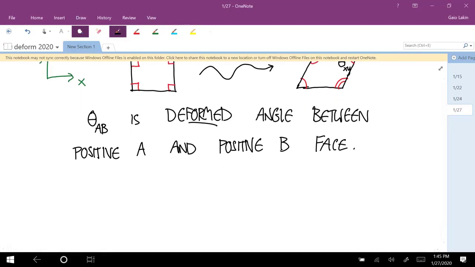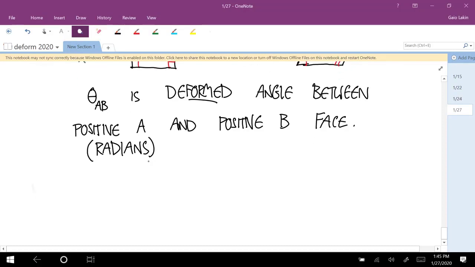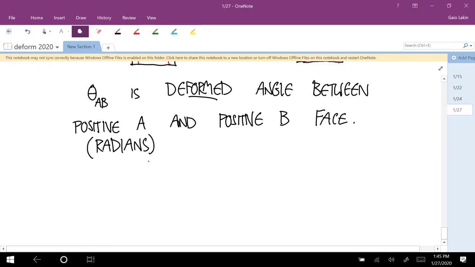Okay, so then, oh, and I didn't say, we're going to do these in radians. So we're going to give these strains a new name, the Greek letter gamma. Gamma xy is equal to pi over 2 minus theta xy.